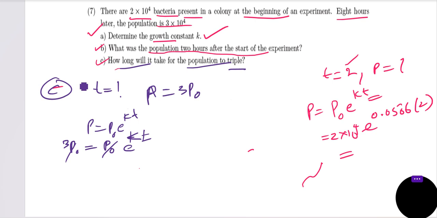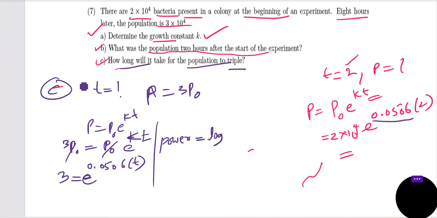Also we know k, we got the k, this is this value. So 3 is e power 0.0506 into time t. So again the rule is to convert to logarithmic function, power equals log, base on the other side. So power is here 0.0506 times t, the log base is e, other side is 3.